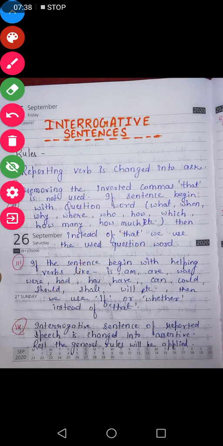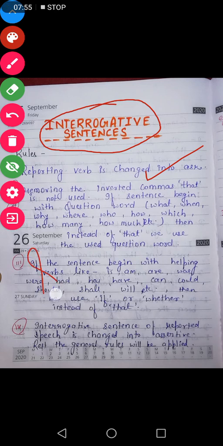Now let us understand the rules, how interrogative sentences are changed into indirect speech. The very first rule is that the reporting verb is changed into asked. Students, till now we were changing the reporting verb into what? Told, right?